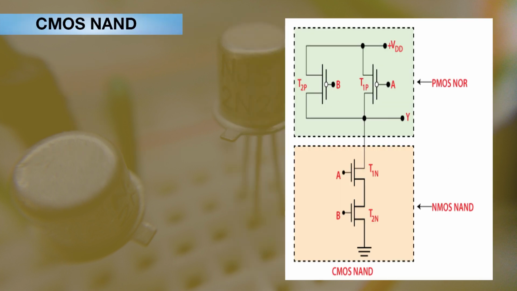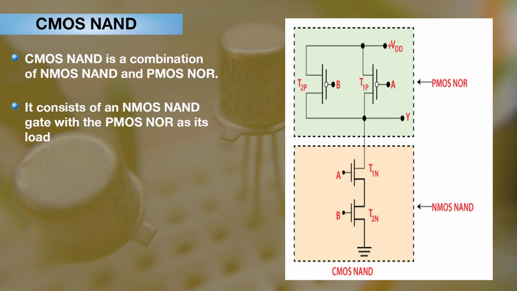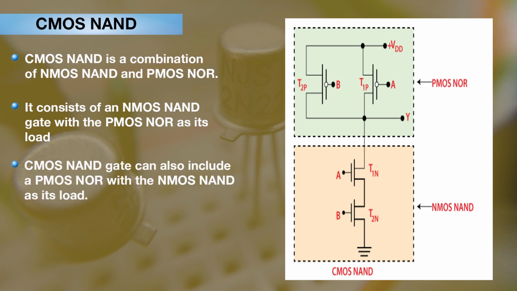The CMOS NAND gate is the combination of NMOS NAND and PMOS NOR. It consists of the NMOS NAND gate with the PMOS NOR as the load. The CMOS NAND gate can also include the PMOS NOR with the NMOS NAND as load.